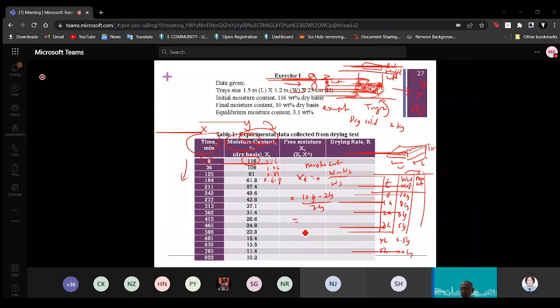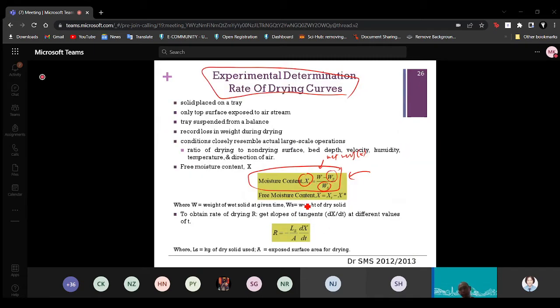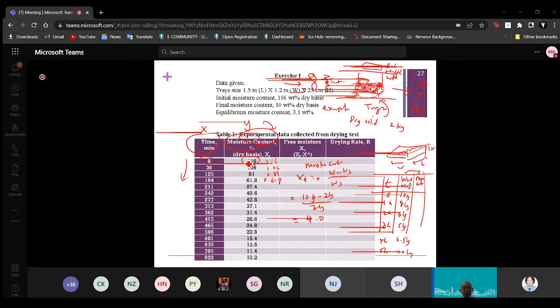So what are you going to get? How much? Eight divided by 2. So you get 4.0 for the X_t here.